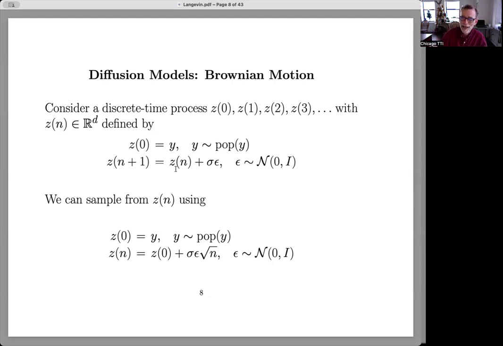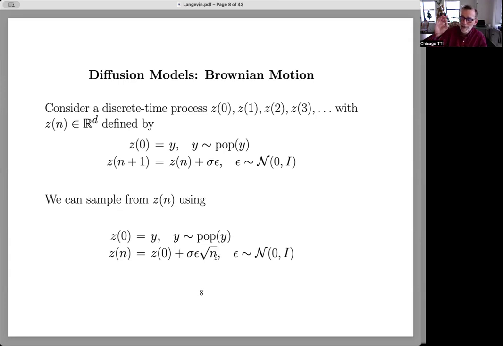You should remember that from statistics: if I add a bunch of variables, the standard deviation goes as the square root of n if they all have the same variance. So that means we can sample Zn directly. I can sample Zn by starting at y and adding an amount of noise that grows with the square root of n.